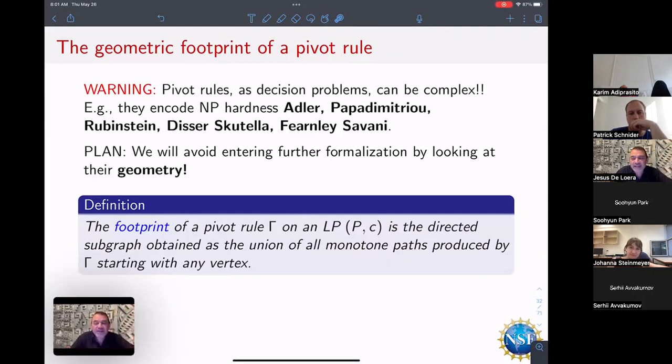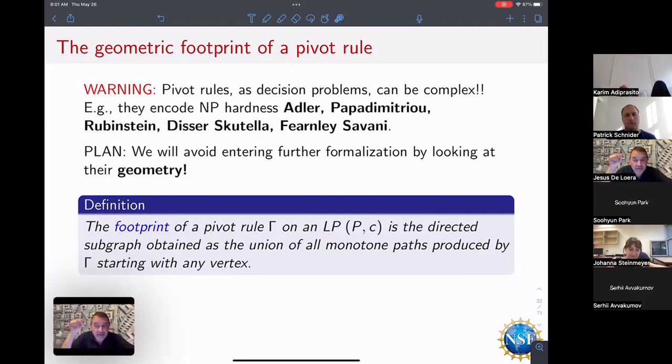So what is that? You start with a linear program and a pivot rule. So you have the pivot rule gamma, and the linear program given by the polytope P and an objective function C. Remember, you already have a directed graph, and at every vertex you can choose an edge.